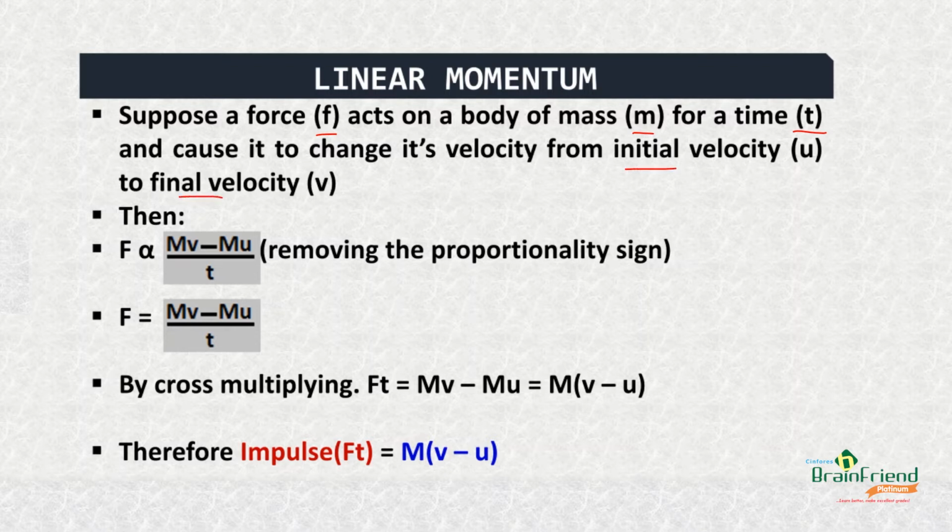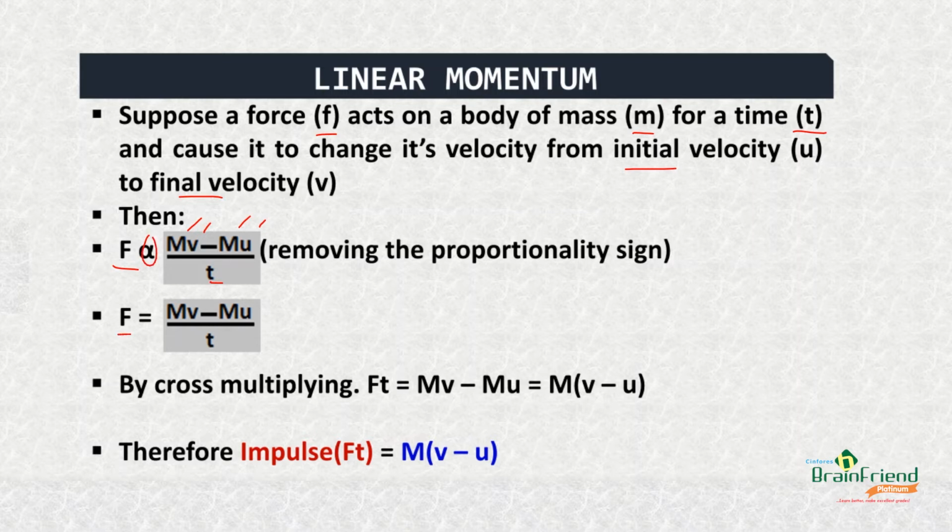Then we can say F, which is the force, is proportional to mass times final velocity minus mass multiplied by the initial velocity, all over time taken. Now let's remove the sign of proportionality.